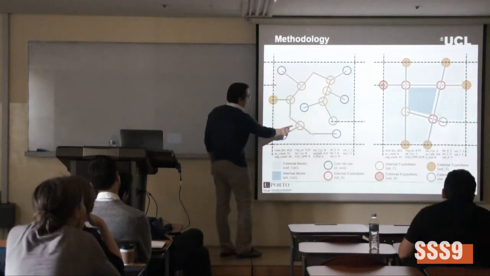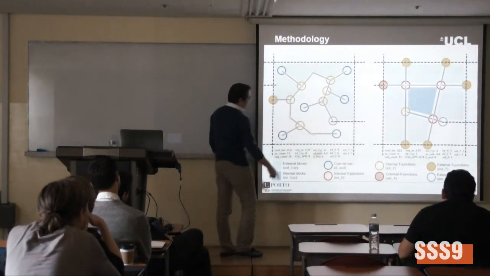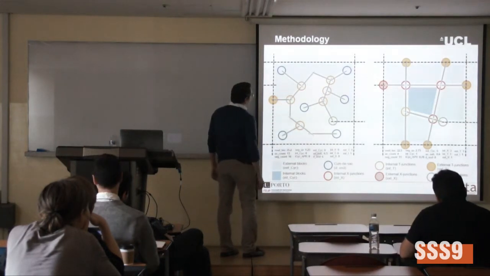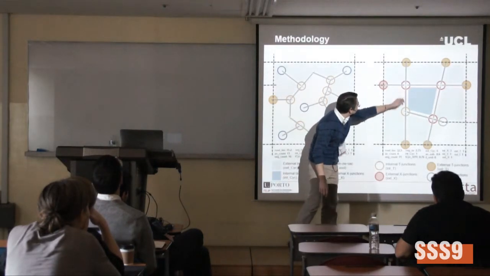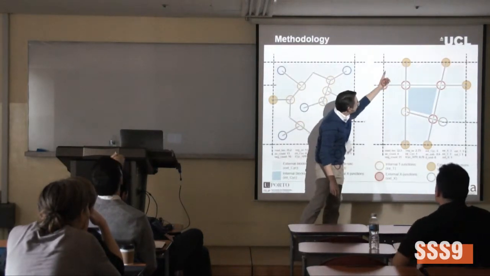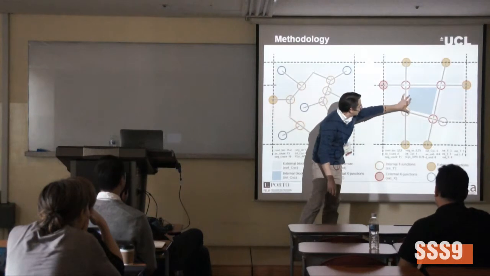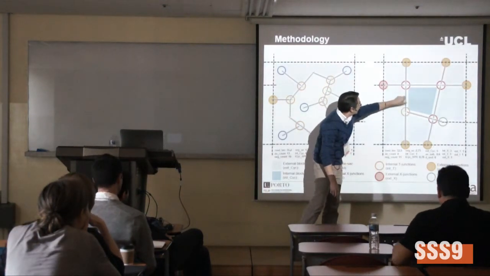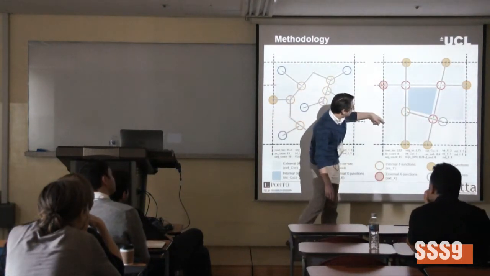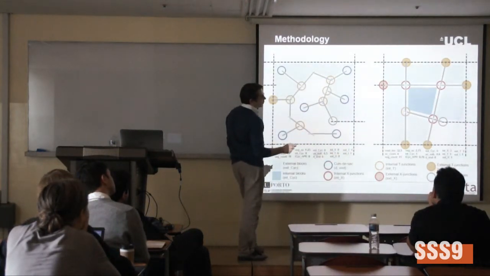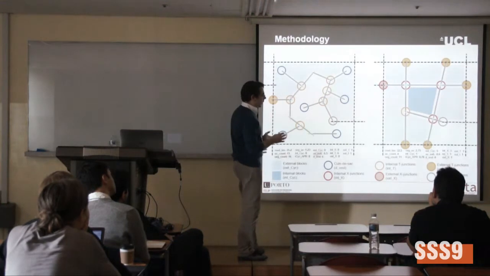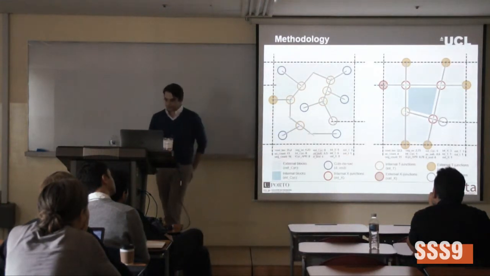So I've counted numbers and types of junctions, T junctions represented by these yellow circles, and X junctions, or 4-degree junctions, internal and external, so those linking streets from the development or linking to existing streets, the number of internal blocks or cycles, and the number of external blocks or cycles created by the intervention together with the existing grid.